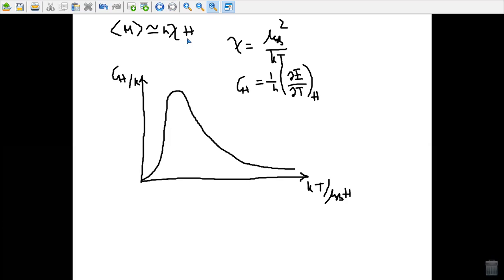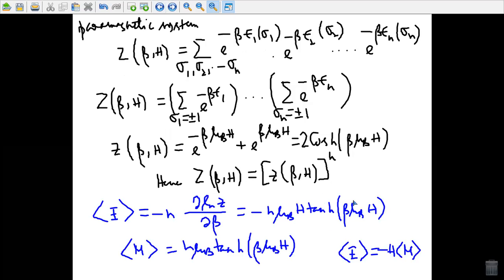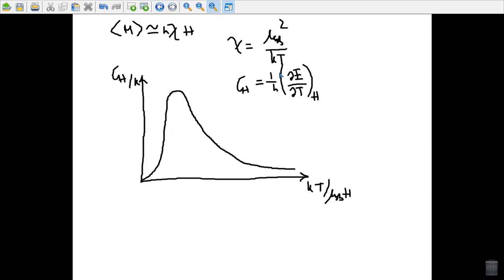So its value is obtained from this equation with the help of the fact that tanh x is nearly equal to x for small x, and as a result, this chi turns out to be mu B squared upon kT. This inverse relationship between the susceptibility and the temperature was found experimentally by Curie in 1895 and has since then been referred to as the Curie Law.